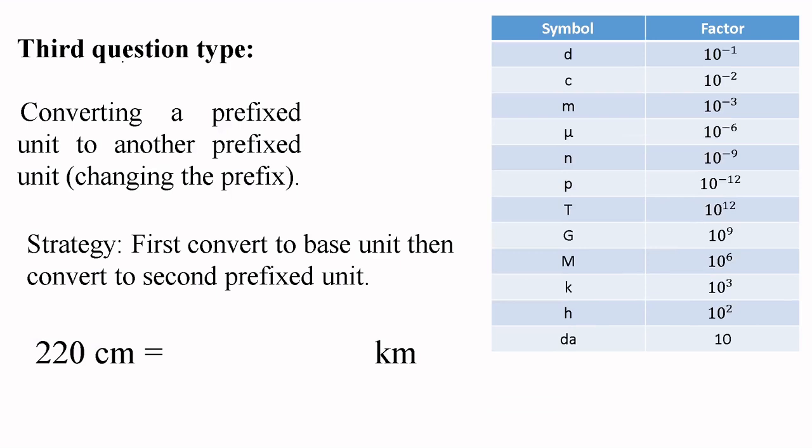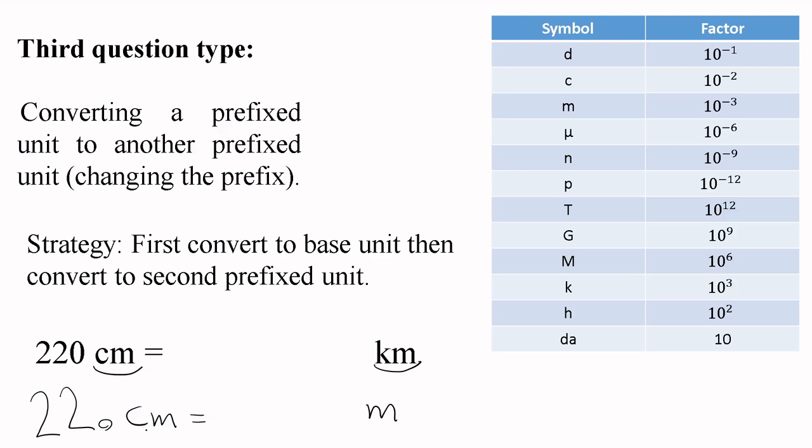Look, we have centimeter in the first side and kilometer in the second side. Both of them are prefix units. So first, I must convert it to base unit. What is the base unit? Base unit is meter. So first I write 220 centimeter and I want to convert it to meter. What should I do?